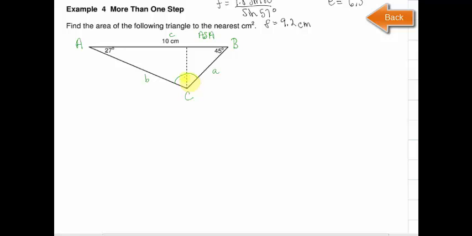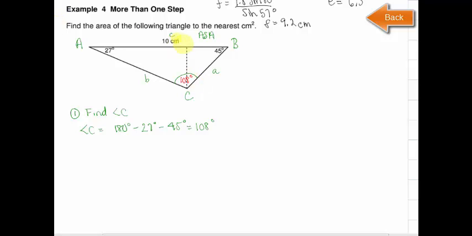So I need to find angle C. And so angle C is 180 minus 27 minus 45, which gives me 108 degrees. So this is 108 degrees.